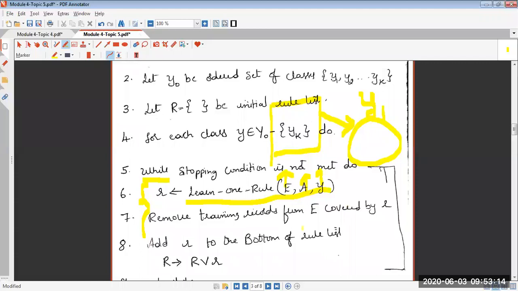Now what will happen inside this while loop? How this learn one rule function works, you do not have that yet, so no need to worry about this. We will assume that learn one rule has constructed a rule. Now it will be put inside this list R, you can see the arrow mark here.